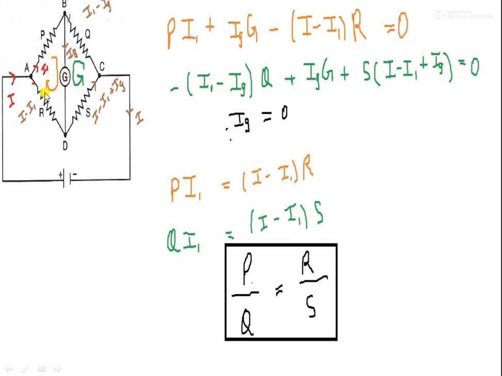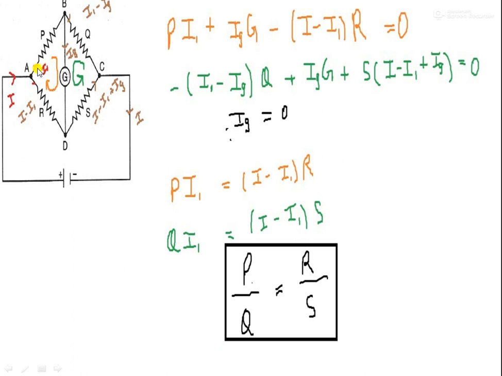When I'm moving in clockwise direction, for I minus I1 and R, the current is coming like this, and I'm going like this. So I am going in the opposite direction, right? So the multiplication of I minus I1 with R will be taken as negative. So minus (I minus I1) into R, minus sign, because loop and current are in opposite directions.